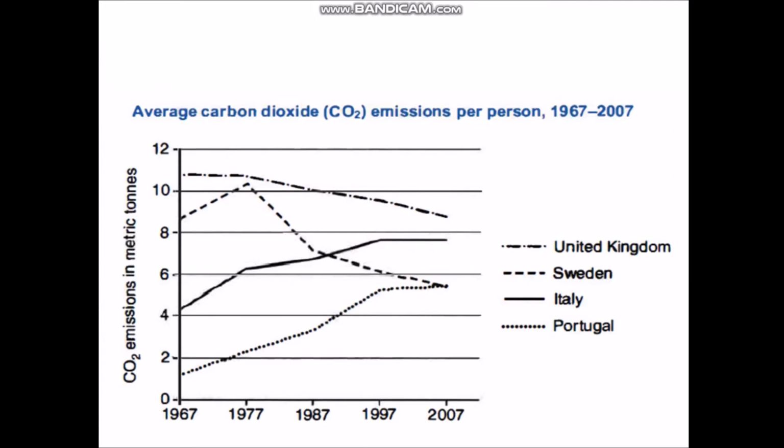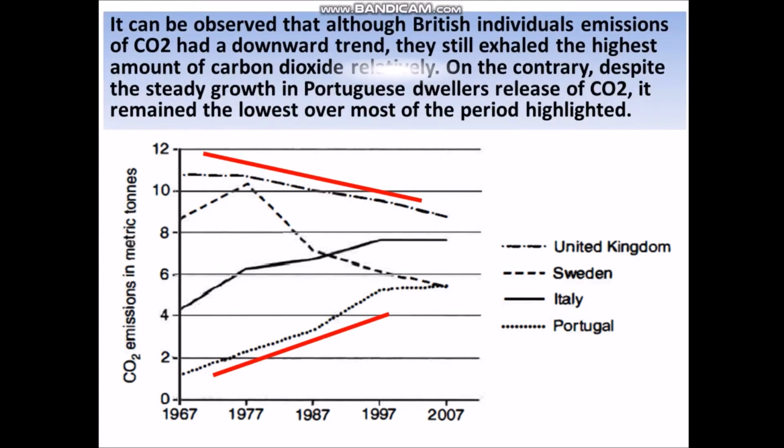I noticed that Britain had a downward trend, yet remained the highest, and that Portugal had an upward trend, yet remained the lowest. So I wrote, it can be observed that although British individuals' emissions of CO2 had a downward trend, they still exhaled the highest amount of carbon dioxide relatively.